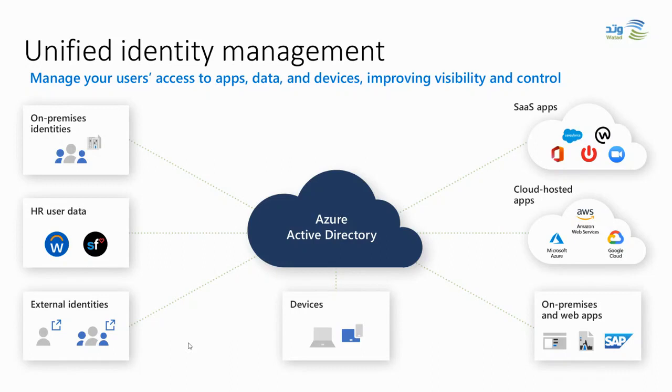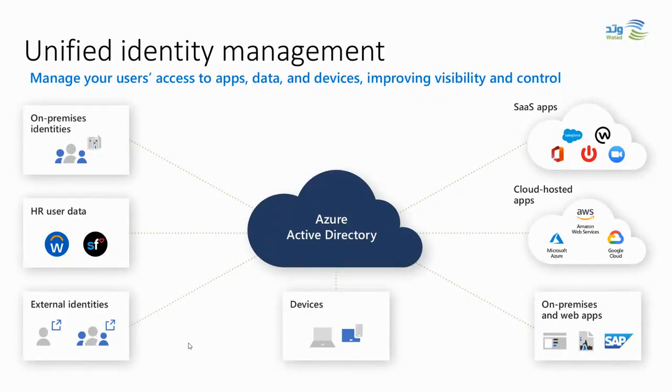It can provide external identities for third parties and suppliers and customers. It can also supply access to software as a service applications, as you can see there, things like Salesforce, and also other cloud-hosted apps that come with other vendors such as AWS and Google Cloud, and also on-premise web applications too.